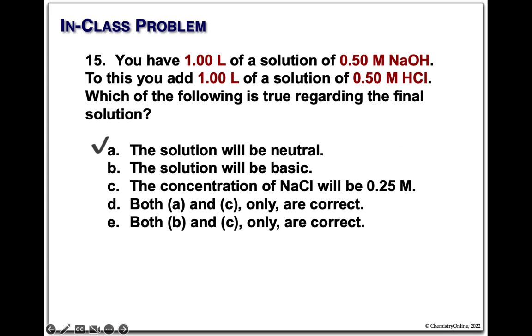Solution will be basic. Well, it can't be both. The concentration of sodium chloride will be 0.25 molar. The acid and the base are going to react to make a salt, right? What's the concentration of that salt?